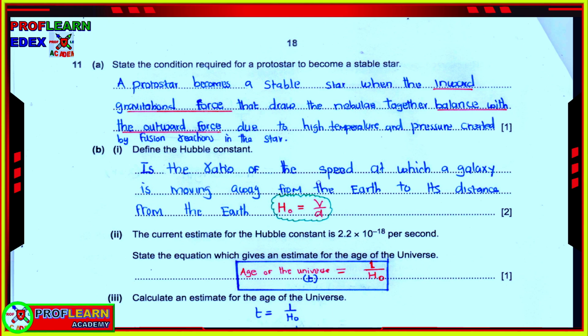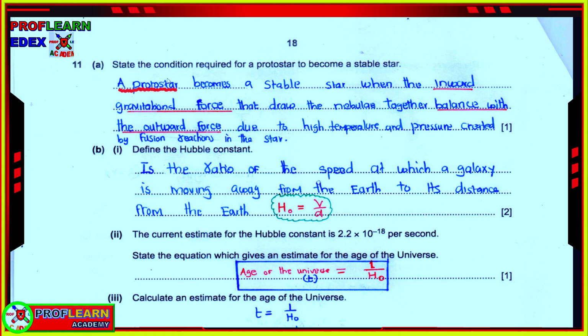I need you to realize that formation of a star starts when the gas and dust particles called nebulae are drawn close together by the gravitational force. Now when fusion of hydrogen and hydrogen leading to the formation of helium begins, the star enters a stage that is known as a protostar.